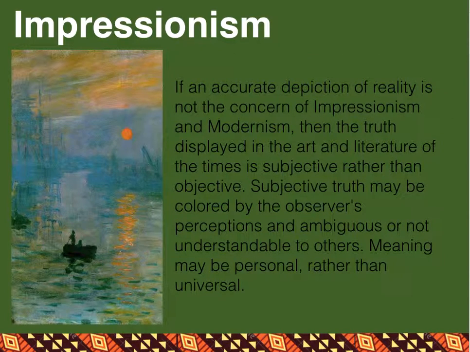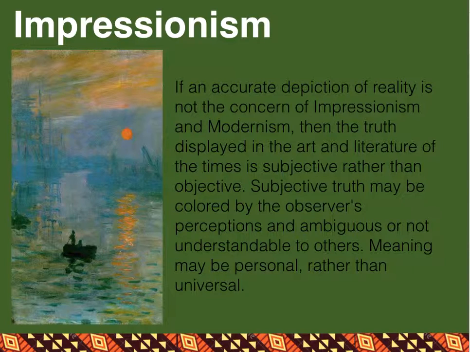If an accurate depiction of reality is not the concern of Impressionism and modernism, then the truth displayed in the art and literature of the times is subjective rather than objective. So before the modern period, everything tried to be objective. It tried to depict life as it was, as you saw it, as you experienced it.